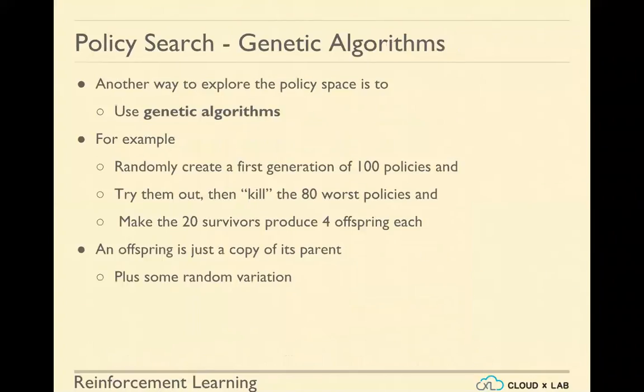Nature's way of achieving a similar thing, the way we interpret it, is as a genetic algorithm. The genetic algorithm basically works on the principle that it will randomly create a first generation of hundreds of policies, and then try them out, and kill the worst policies, and let the survivors replicate.